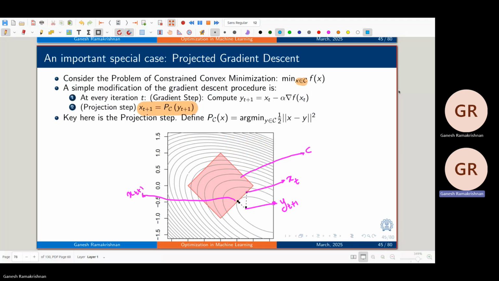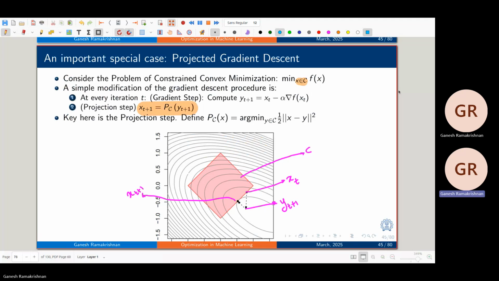It is argmin over X in C. This is how things have changed. That's what is happening, right? Take a normal from yt plus 1 or the Z or whatever and find the closest point in the constraint C. That is exactly the projection step. That is PCX. So instead of calling it a prox step, we'll now give it a new name. It's a projection step, PCX.